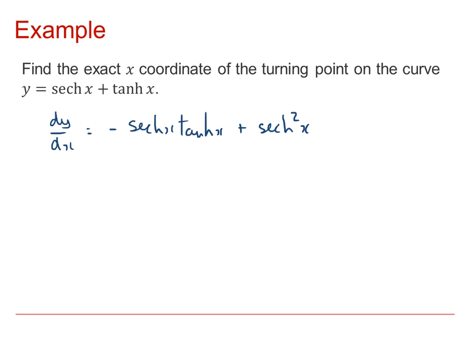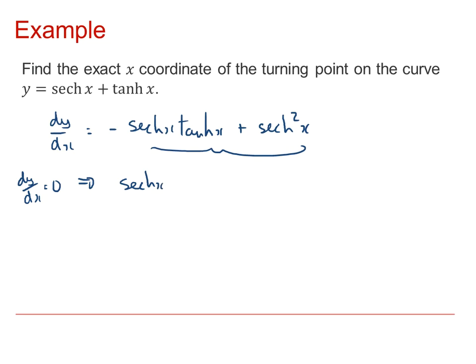So that if we want dy by dx equal to 0 to find the turning point, this means that this expression here must be equal to 0, and we can factor out of that a value of sech x, so we end up with sech x.